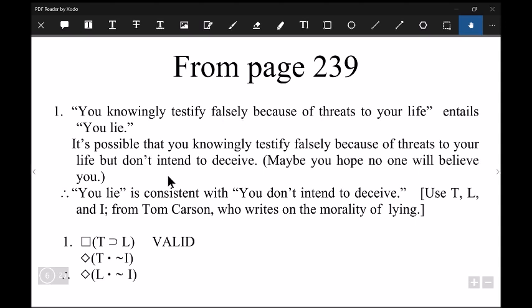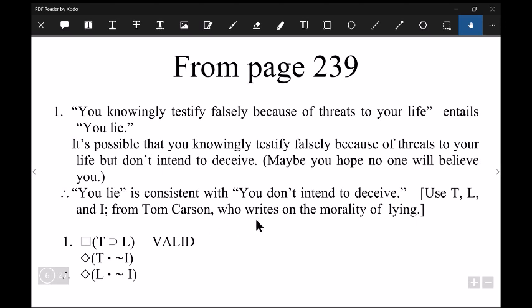But the second premise says it's possible that you knowingly testify that way because of threats to your life and don't intend to deceive. Maybe, for example, you hope that no one will believe you. You lie, but you kind of wink or you say, gee, I hope people don't believe me. The conclusion from that is that you lie is consistent with you don't intend to deceive.